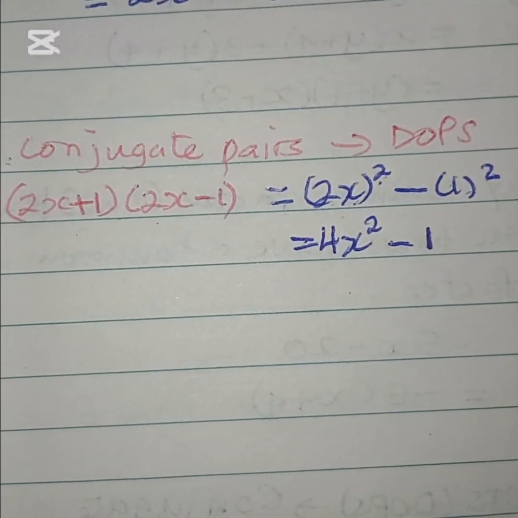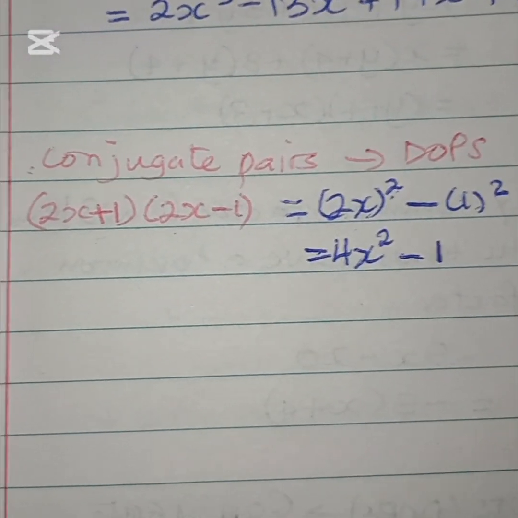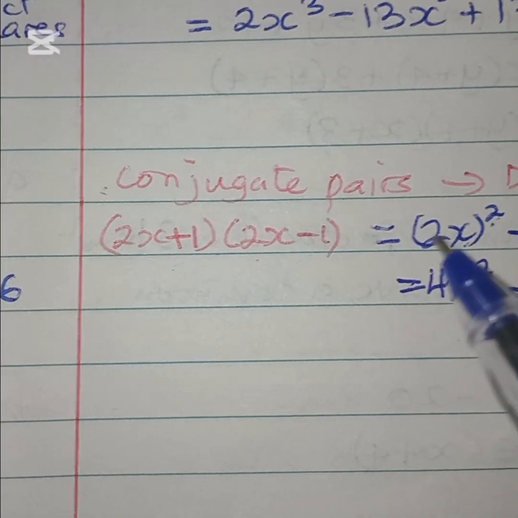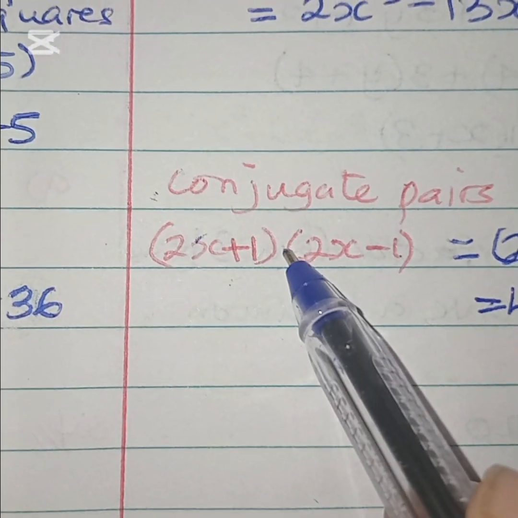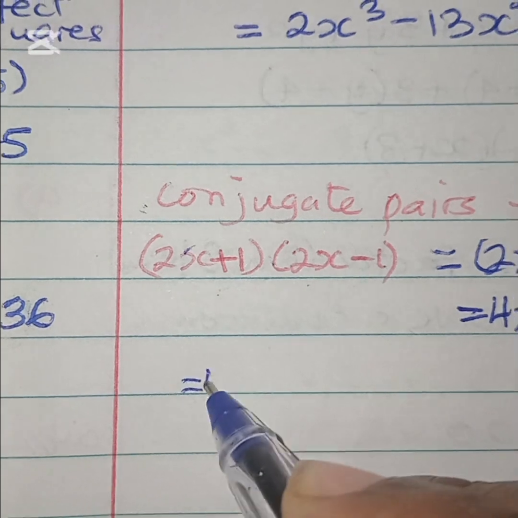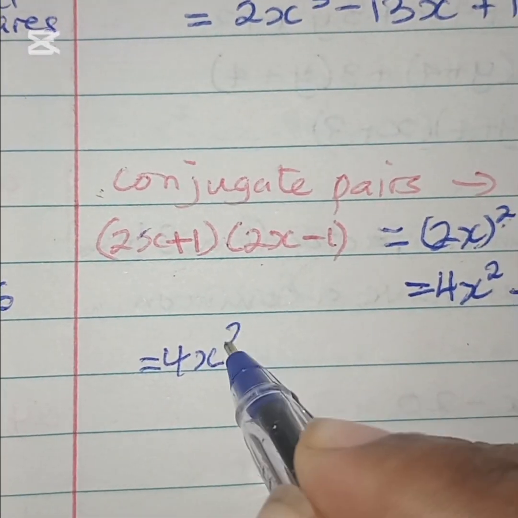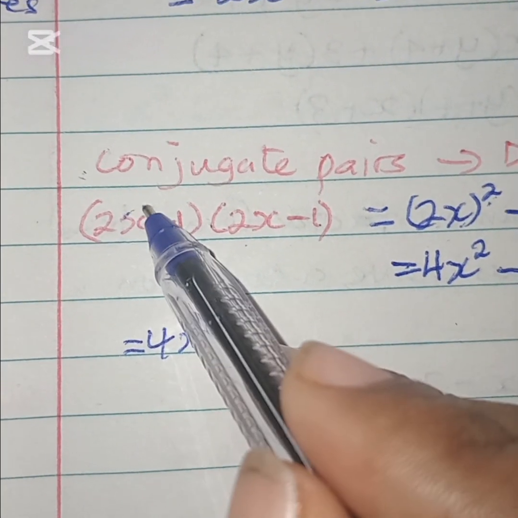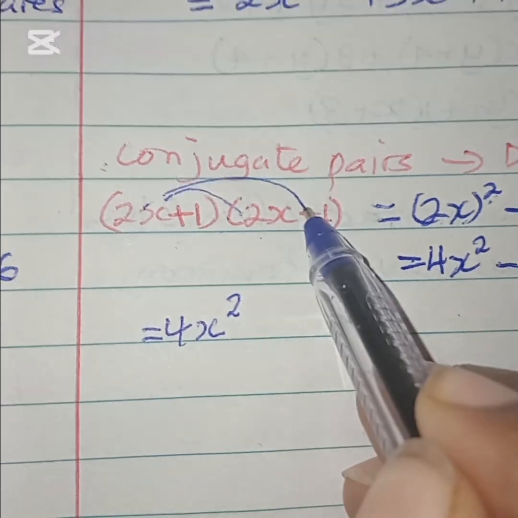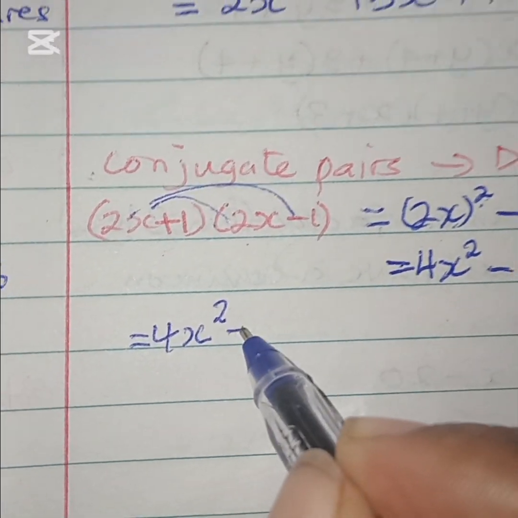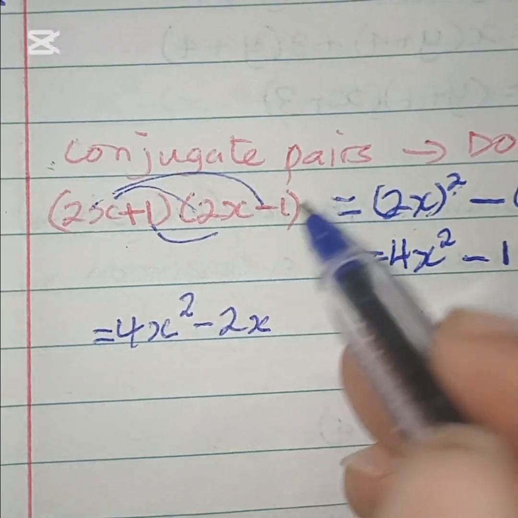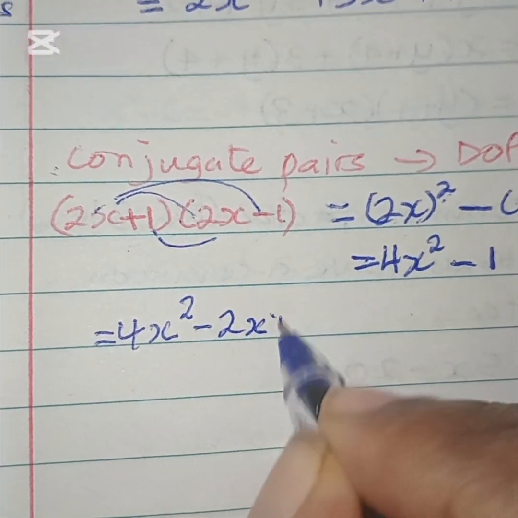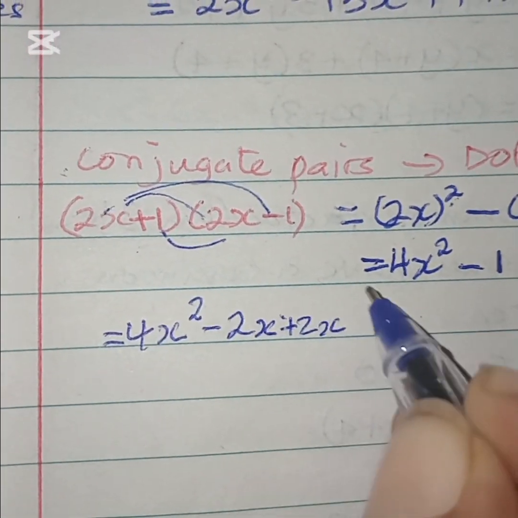And if you want to do it the normal long way using the distributive law, then it will be 2x times 2x, which gives 4x squared. 2x times negative 1 gives negative 2x. 1 times 2x gives positive 2x.